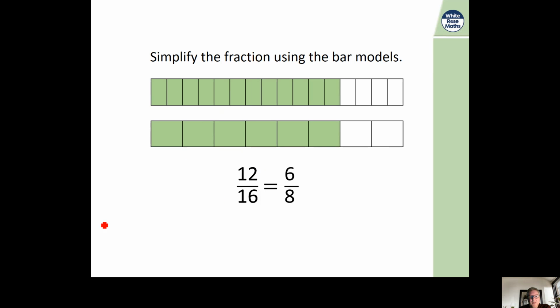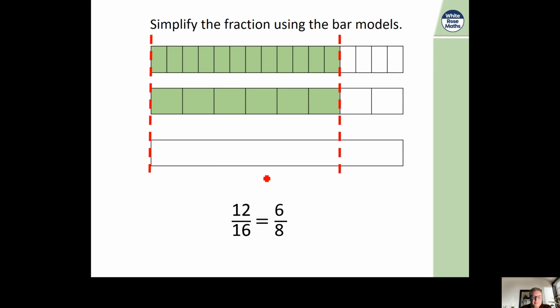Six-eighths. Why is that? Think about your factors. Think about your common factors. Okay.